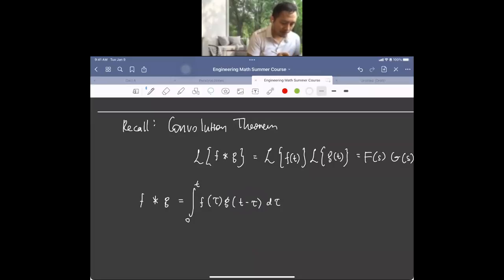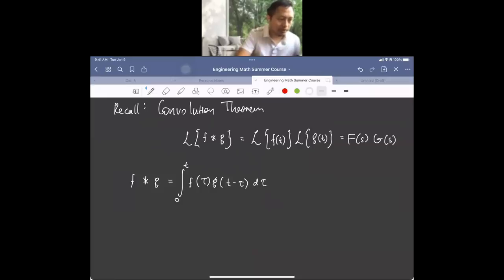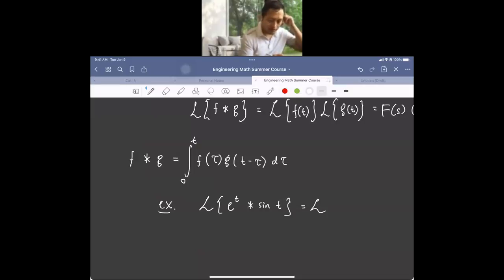Now from here, what I want you to look at is a notion of what will happen. For example, if we have e to the t convoluted with sine t, we can write the Laplace of e to the t and the Laplace of sine t.